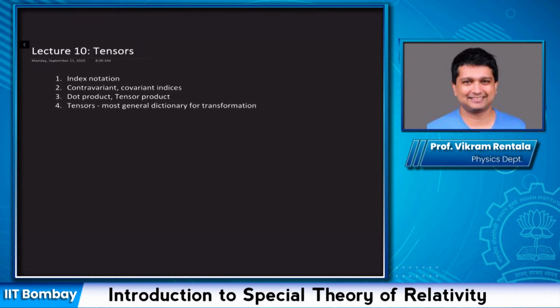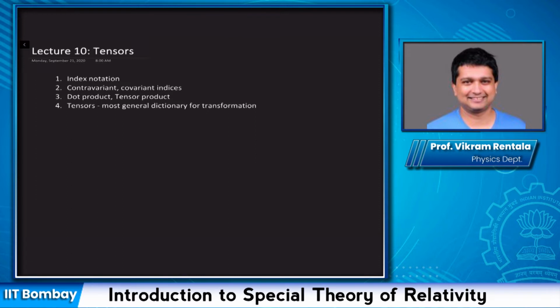Then we'll see that it's also possible to construct a different type of product of four vectors rather than just a dot product, and this is called a tensor product. And once we understand how these tensor products transform, we can generalize this idea to conjecture other objects called tensors which transform in the same way as these tensor products.